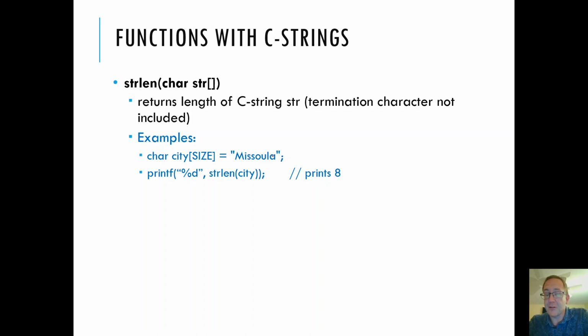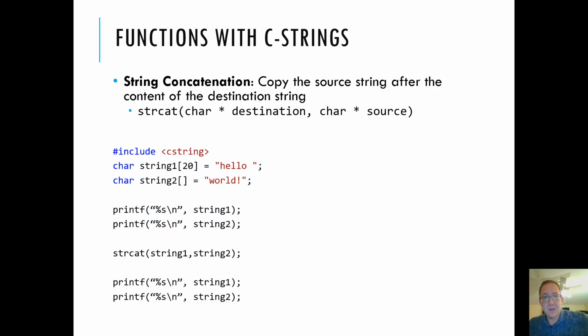There are 8 characters. Oh, wait. At position 0, 1, 2, 3, 4, 5, 6, 7. Position 8 is where the 0 is. So if I call string length, this will print 8. The length of my string is 8, irrespective of how big the array is. The array could be 200. The length of that string is however many characters until I find that 0. That's what string length does.